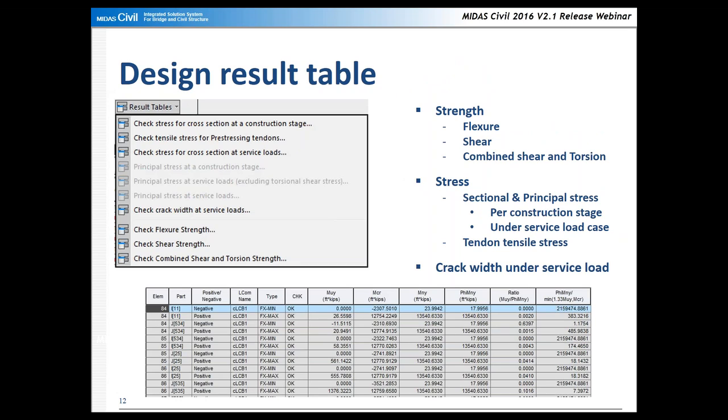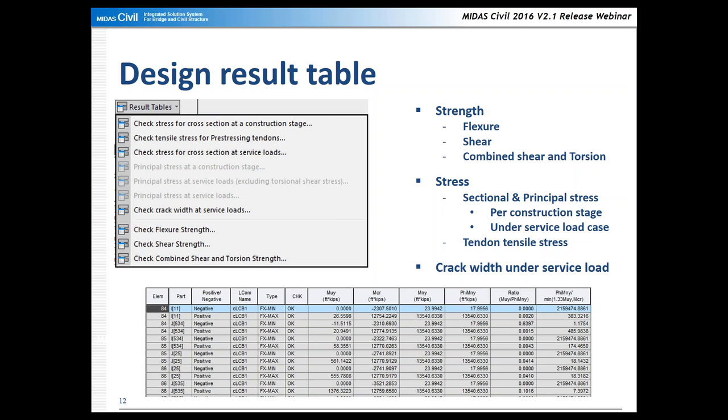These are the items that our software checks using the design check feature. For strengths: flexural strength, shear strength, and combined shear and torsion. For stress: sectional principal stress per construction stage and under the service load case. Tendon tensile stress is also being checked.